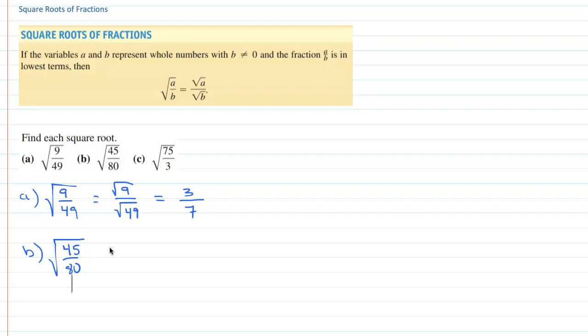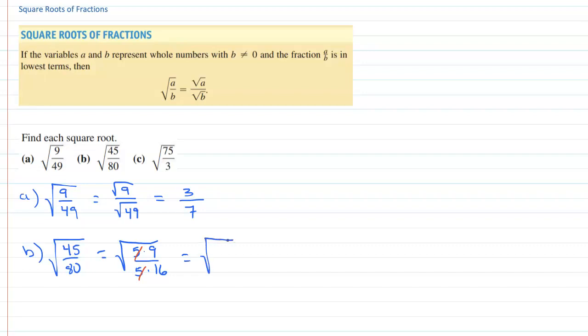So 45 factors to 5 times 9, and 80 factors to 5 times 16, and because this is a math problem, they made it nice for us so that we end up with the square root of 9 over 16.